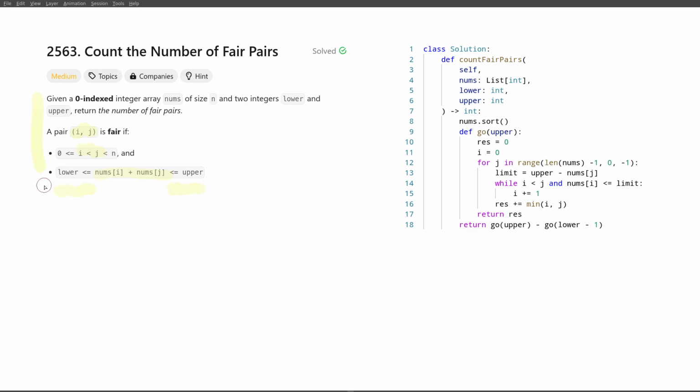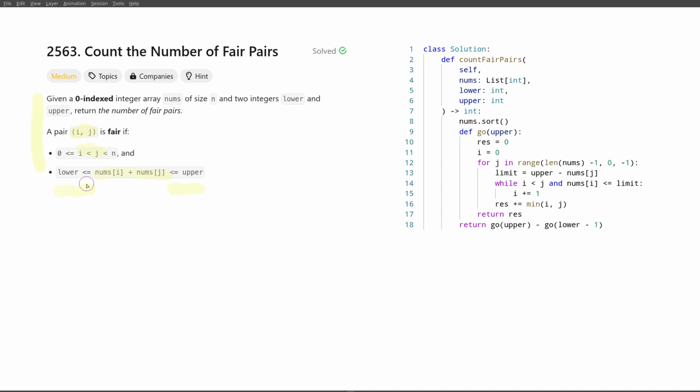Because the number of ordered pairs that satisfy this is exactly the number of pairs that satisfy only the right inequality, less than or equal to upper, minus those that satisfy the inequality less than or equal to lower minus 1. Right?